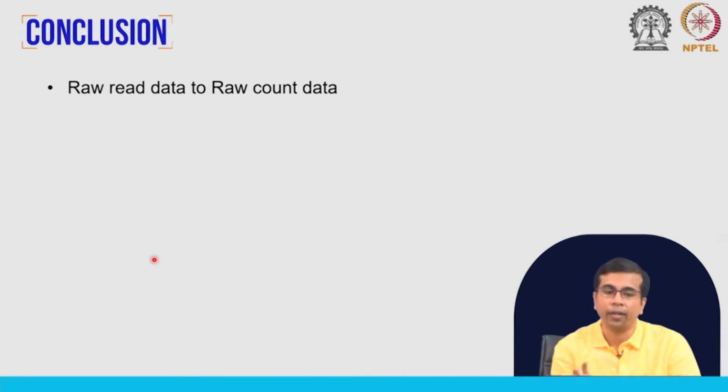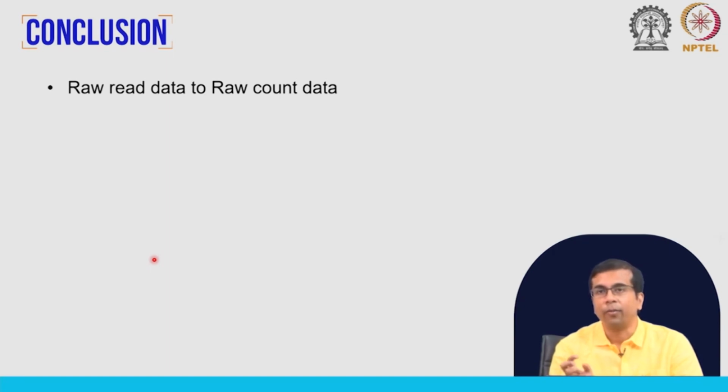We have done the hands-on, and we have seen these abundance values generated from the mapped data. And we have talked about some of the tools that can do this very simply. We have HTSeq-count and featureCounts. We have not used featureCounts, but we have used HTSeq-count in our analysis, and we have generated the raw count data. And this raw count data serves as a proxy for the expression level.